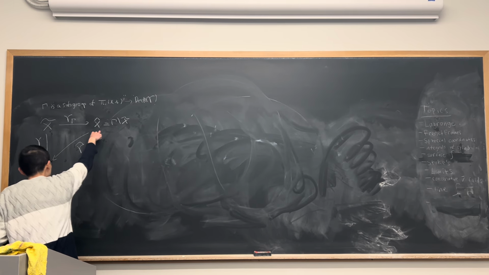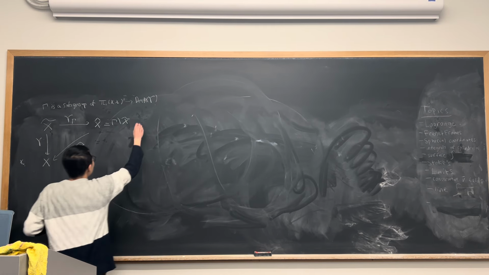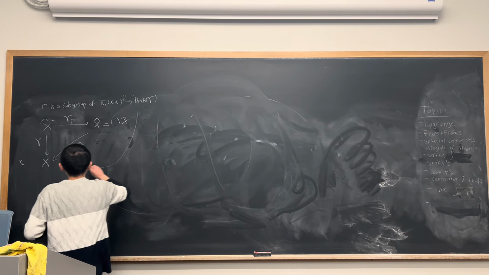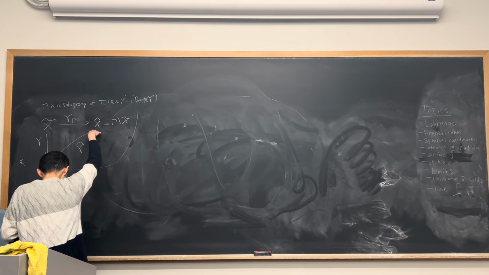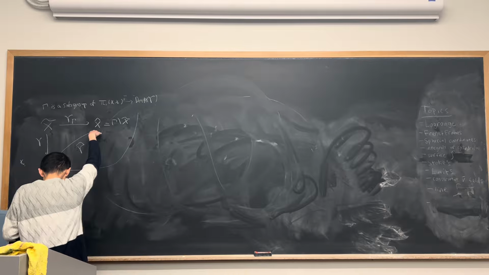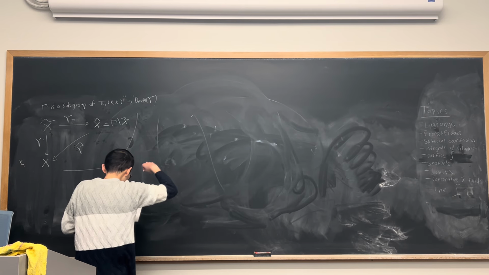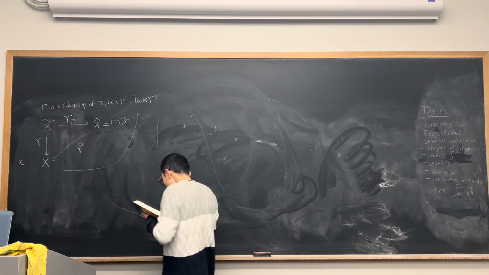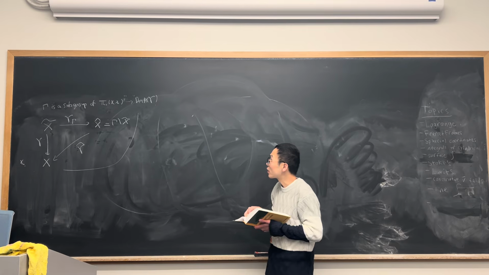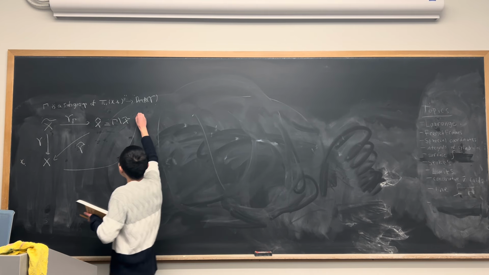Forget about everything I wrote here. This is the commutative diagram when gamma is the universal covering space. So we want to show that there is a unique connected covering space.